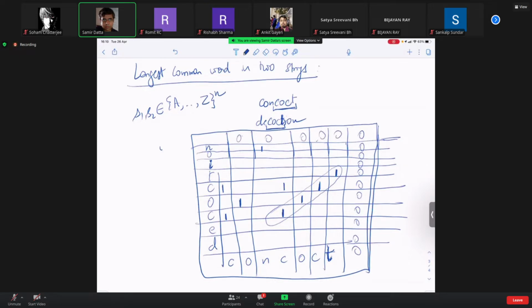So now how do we organize the search? Tell me. So what is the longest word that ends at T here and N here?